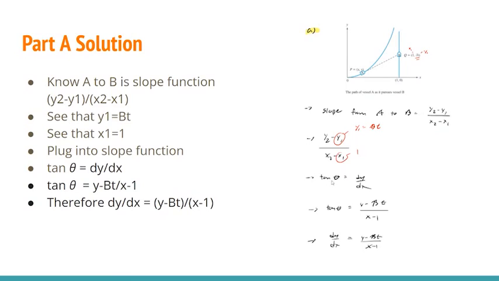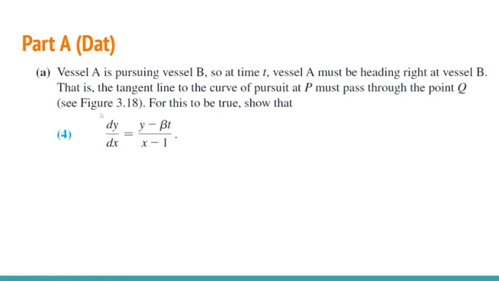So we know that tangent theta equals dy over dx, or the difference in y over the difference in x, which is the same as tangent theta equals (y minus beta t) over (x minus 1). If we substitute tangent theta equals dy over dx into the equation, we can see that dy over dx equals (y minus beta t) over (x minus 1), which is what they asked us to find.